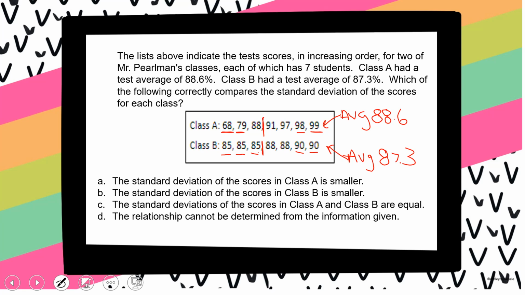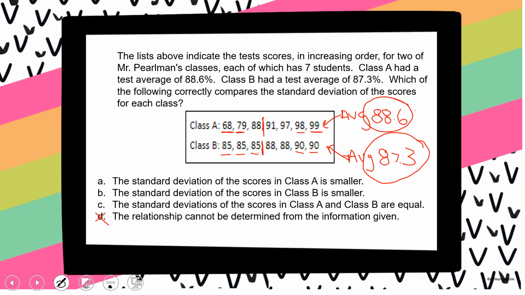So let's look at what our options are. The standard deviation of the scores in Class A are smaller, Class B are smaller, they are equal, or we cannot determine it. We can definitely determine it. So it's either A, B, or C. Well, as we just said, in Class B the data is a lot closer to that average value than in A, the 88.6.